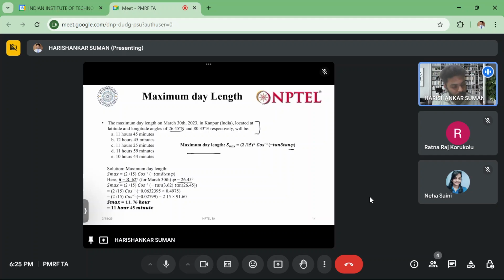Put these values in this equation, S max equals 2 by 15 cos inverse, and you will easily get the answer 11.67 hours, or convert it into hours and minutes. So please remember the formulas and the procedure for how we can calculate, and what theta, delta, phi and lambda are.